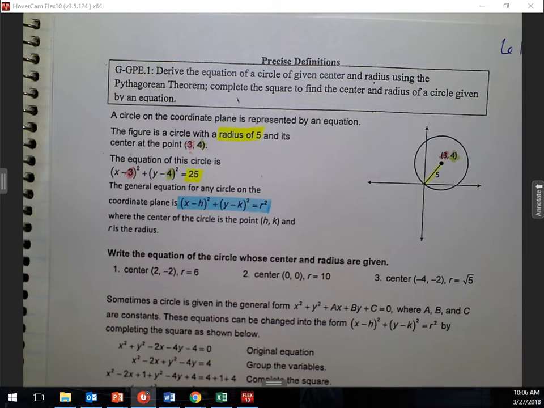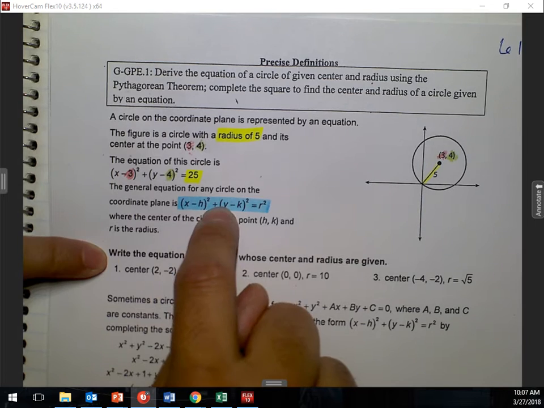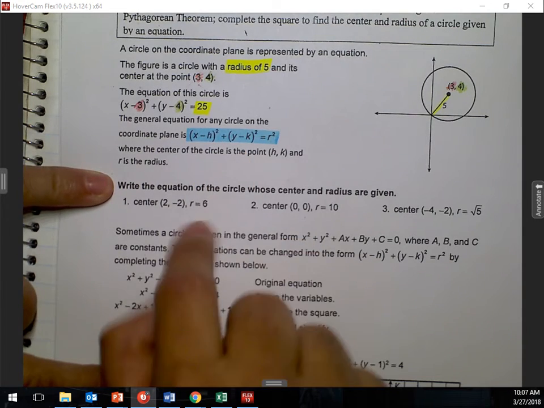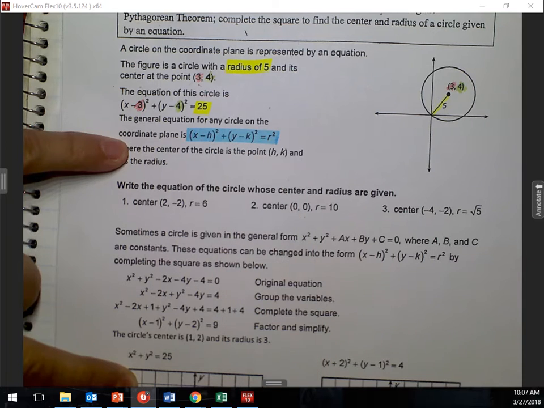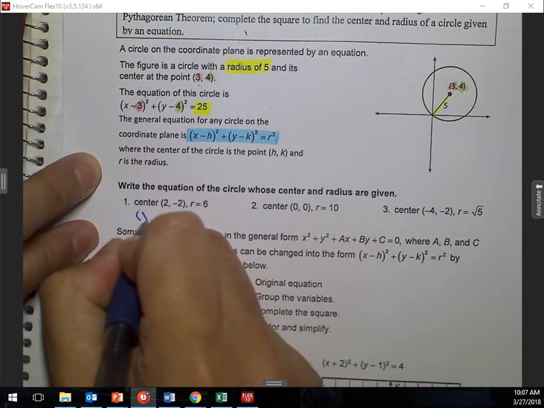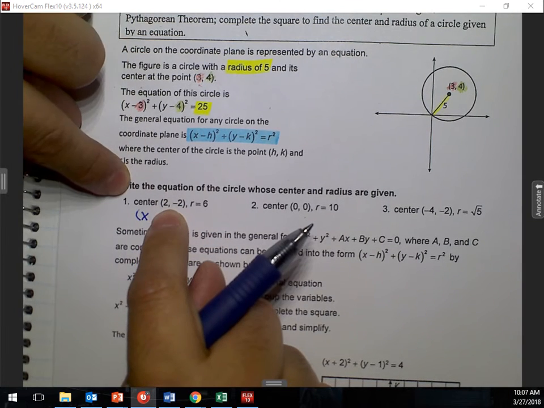So now I'm going to try something here. I'm going to plug these numbers into that formula. So I should have parentheses, X. Now, my X value is right here, right?